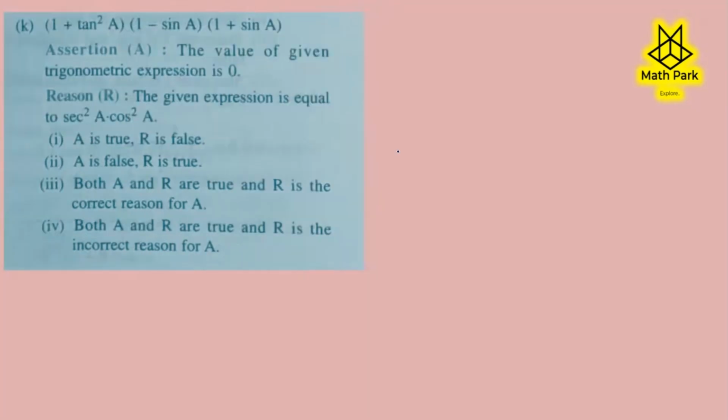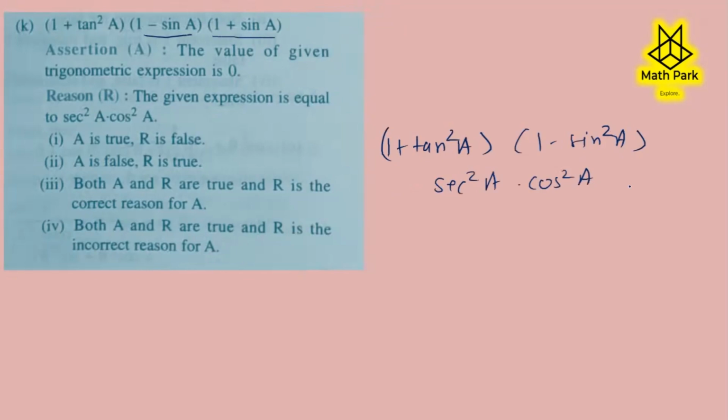The next, 1 plus tan square A into 1 minus sin A into 1 plus sin A. So this is a minus b into a plus b, which is going to be a square minus b square. So you get 1 plus tan square A into 1 minus sin square A. Now 1 plus tan square A is sec square A and 1 minus sin square A is cos square A, and sec square A into cos square A is equal to 1.